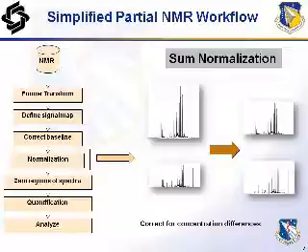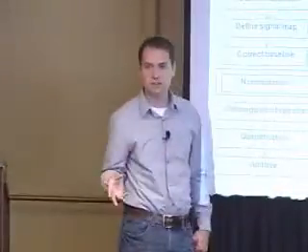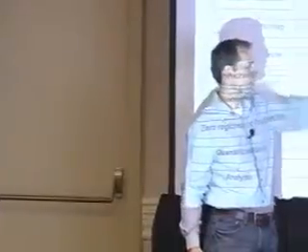So first, a really simple one that, even though it's a simple task and simple algorithm, we see a large performance increase when we start getting multiple users on our systems, a user that has a lot of spectra, and so on, is just a very simple normalization technique where all we're going to be doing is trying to correct for, say, urine concentration differences. Specifically here, I just have a scale.